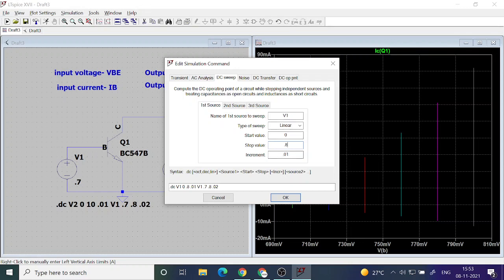I am dealing in smaller, finer steps, in steps of 0.01. The second source I will keep as V2, and V2 I will vary from a start value of 1 to 5, in steps of 2.